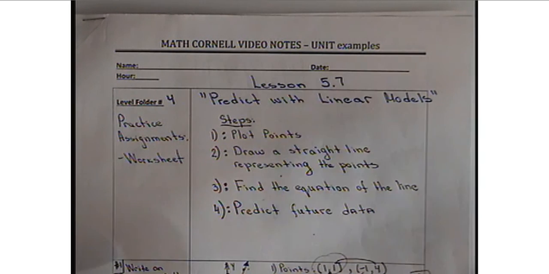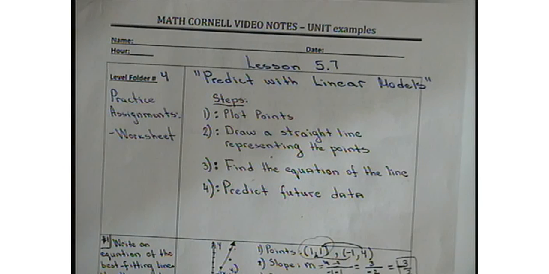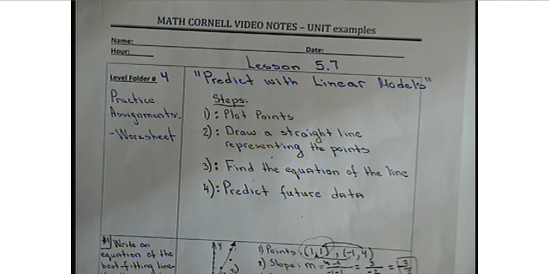You plot the points on the graph if you need to. Once the points are plotted, you can see if we're gonna have negative, positive correlation or no correlation at all. If it's positive or negative, then your job is to draw a straight line that represents the points, the line of best fit, that goes through the middle.